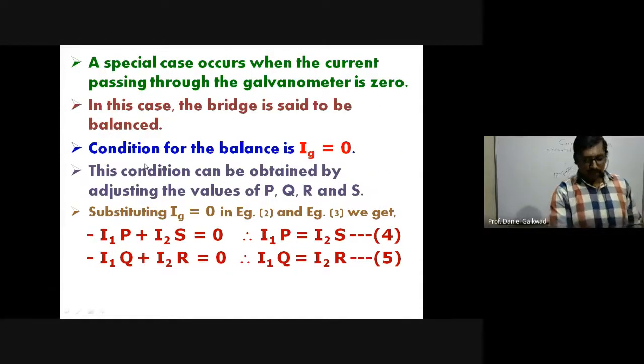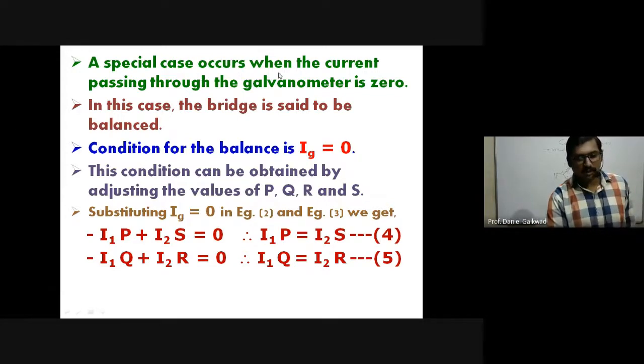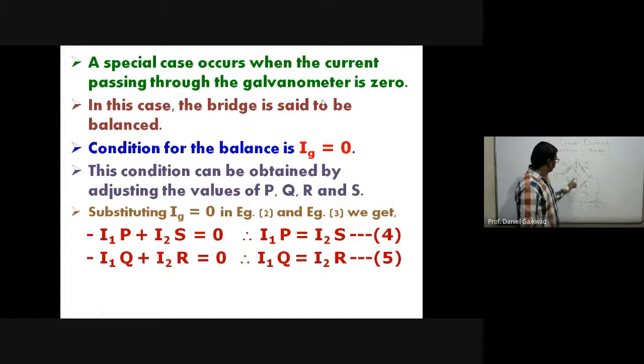Now we have the actual condition. Check carefully the important condition of the Wheatstone bridge. A special case occurs when the current passing through the galvanometer is zero. In this case, the bridge is said to be balanced. Once again, the special case occurs when the current passing through the galvanometer is zero, so the Ig current is equal to zero.